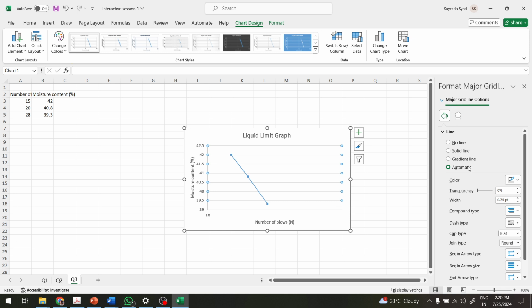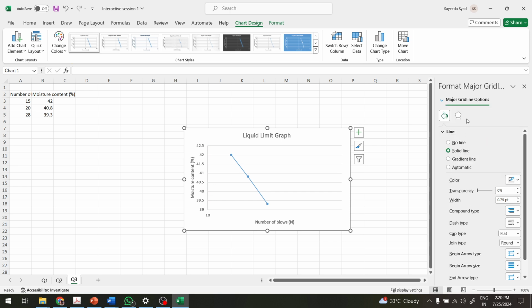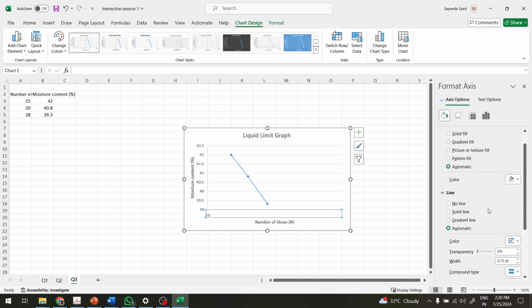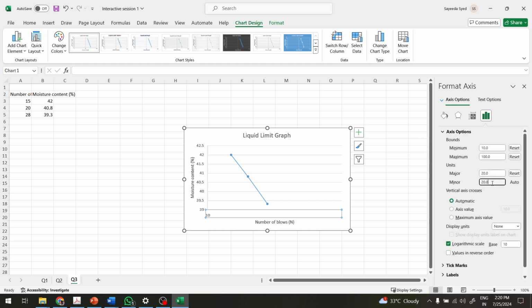Okay, what about the horizontal red lines? Minor, let's take at 10.